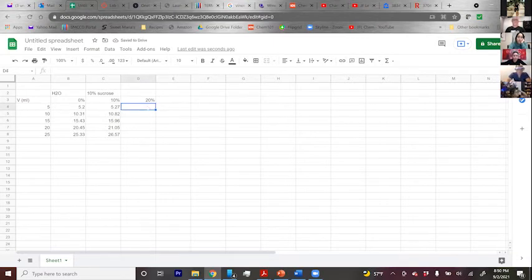And then you calculate the mass of the solution by taking the mass of the solution plus the cylinder, subtracting the cylinder. All right, so for 5, I got, let's see, 5.31. And then 10.96.